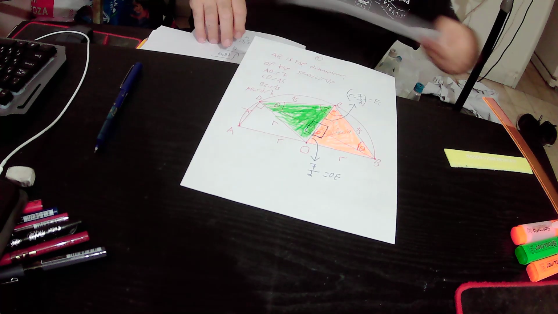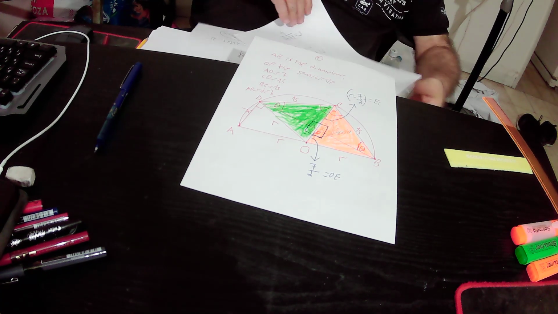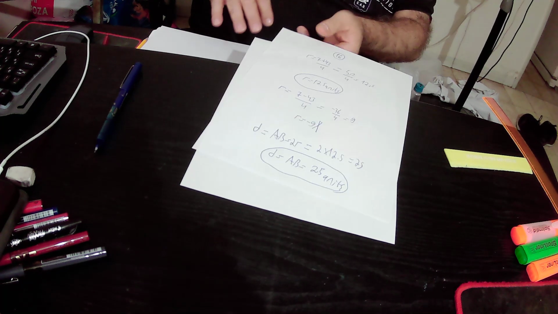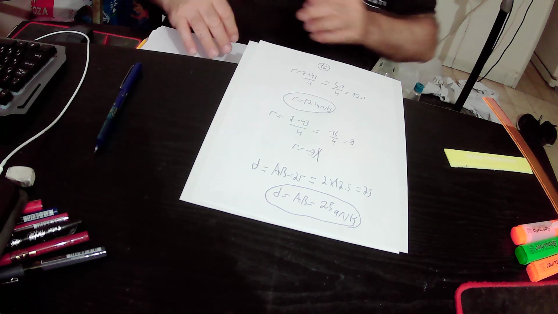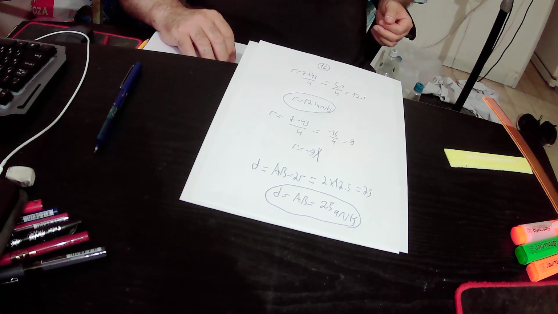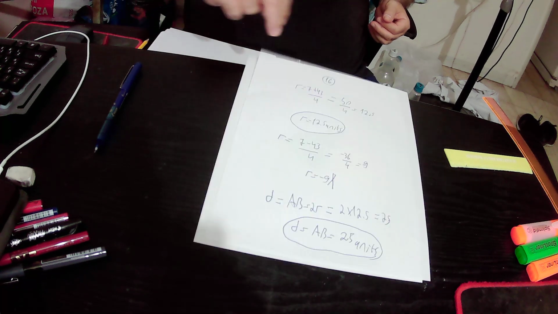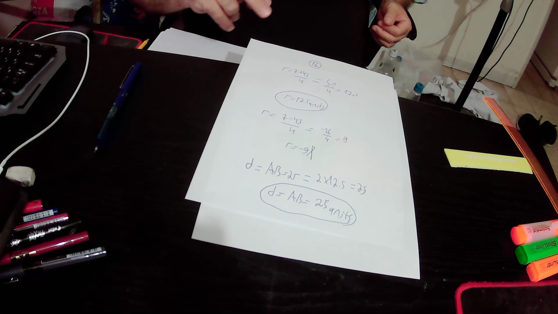We solved this and found that the radius of the semicircle equals 12.5. We have another solution, that the radius equals minus 9, but the radius cannot be a negative number, it must be positive, so this answer is not correct, and we are left only with the answer that the radius of the semicircle is 12.5 units.